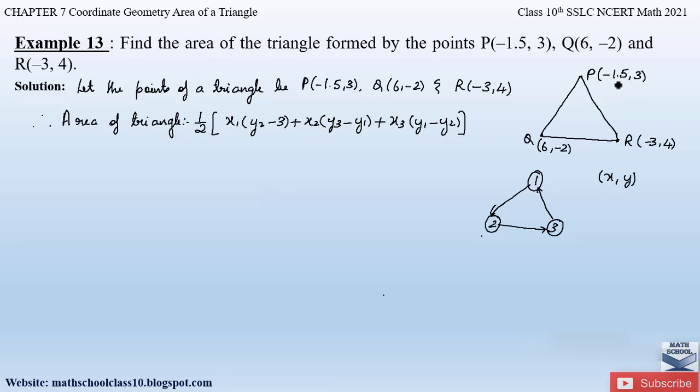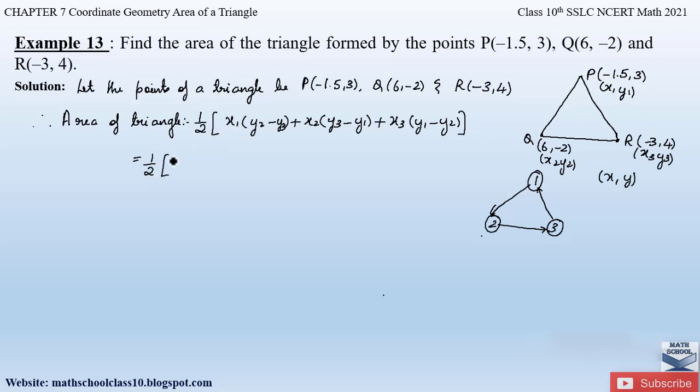Now let us assume point P to be (x1, y1), point Q to be (x2, y2) and point R to be (x3, y3). Here also we have to consider the points in a cyclic manner, that is P, Q and R. Now let us substitute these values in the formula. Half into, what is the x1 value?